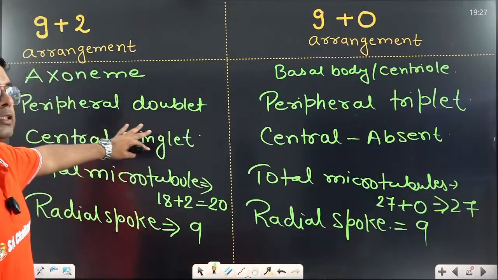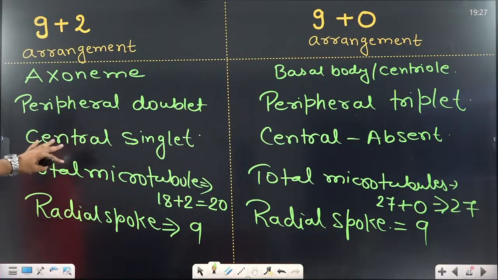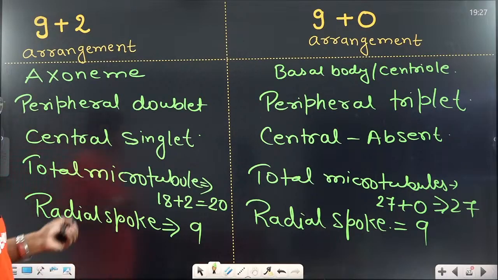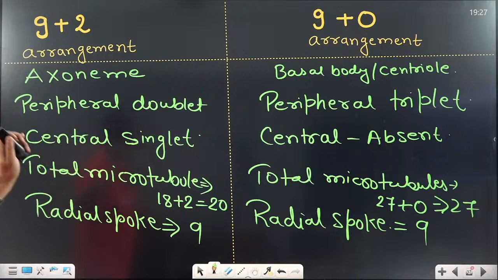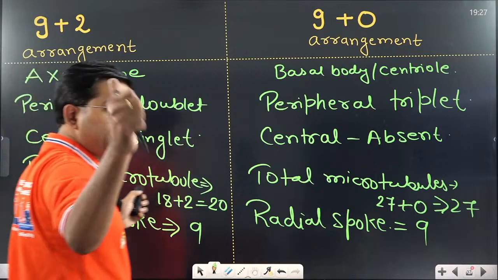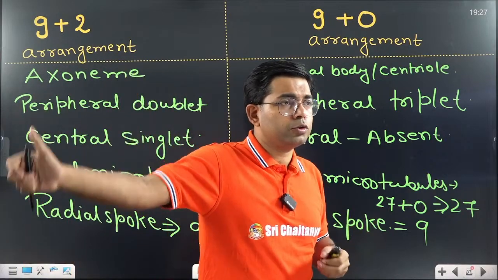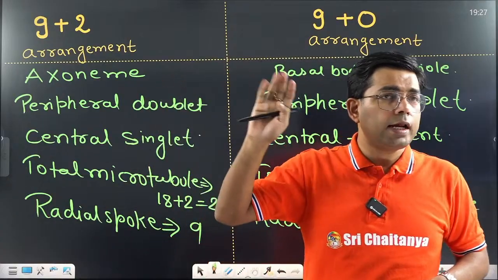So this you can take a screenshot or note down: the main difference between 9+2 arrangement and 9+0 arrangement. Let's move ahead. Is this clear to all? No doubt. Just give me a thumbs up if you have understood 9+0 and 9+2.